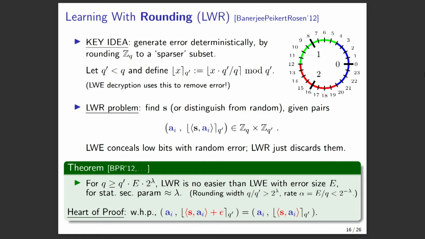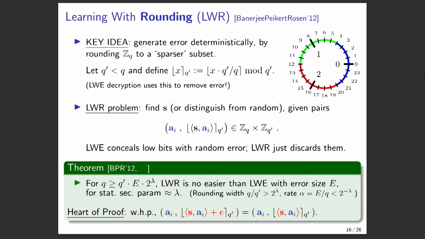But it is something we can prove. And the heart of the idea is that if you just take LWE samples and you round off the noisy product, then with very high probability, this rounding is the same as if that error wasn't there in the first place.